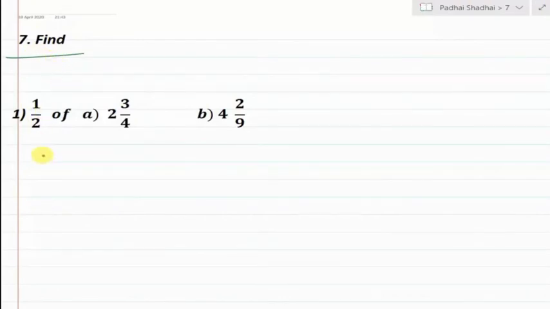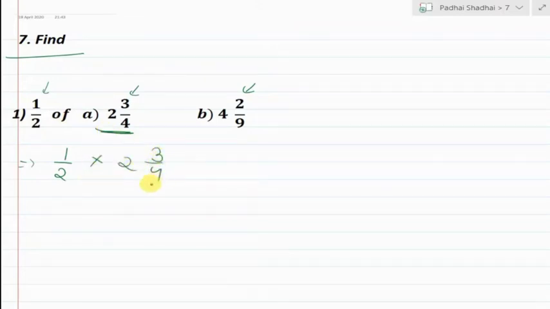Let us start 7th. Again 1 by 2 of 2 integer 3 by 4. We have done this type of sum earlier. Let us do it. 1 by 2 into 2 integer 3 by 4.